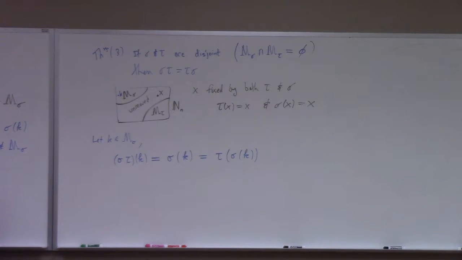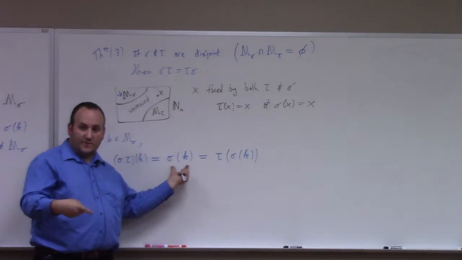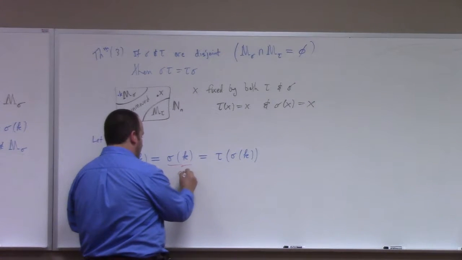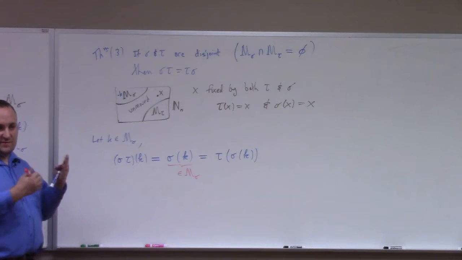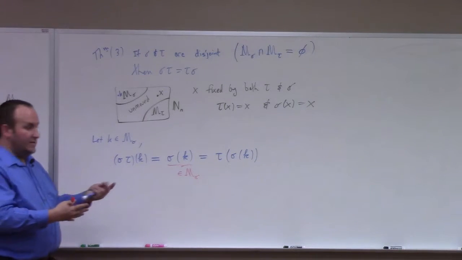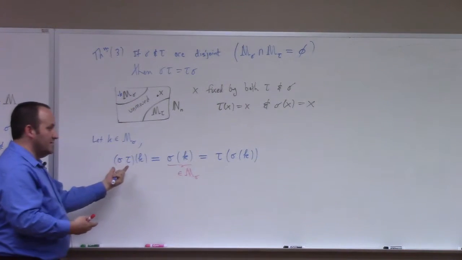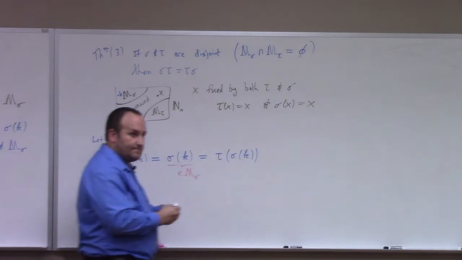Right, but sigma of k is what? This is an element of the set moved, right? This is the lemma. That's an element of the set moved by sigma, which means it's fixed by tau. So tau of this is equal to this again. But then we have that sigma tau equals tau sigma for all such k, right?